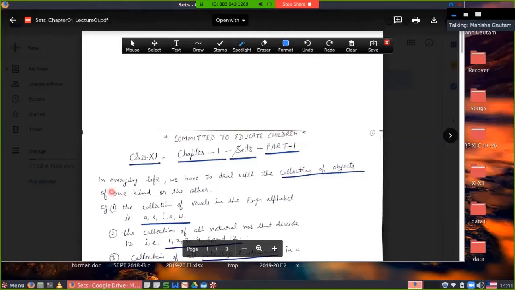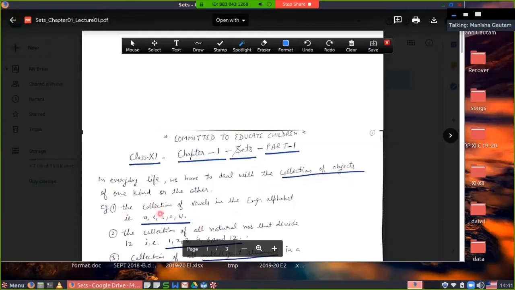Here I have written: a collection of objects, of one kind or another, is known as a set. In English, when I talk about the word set, only one statement comes to our mind: a collection of objects. Whether this is the same statement followed in mathematics or not, we will discuss with a few examples.